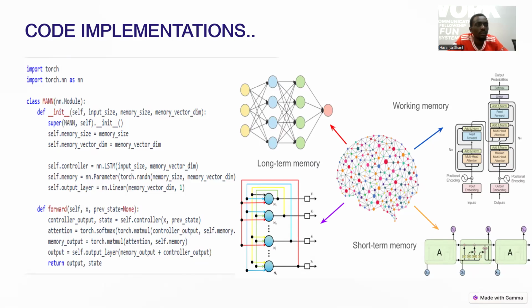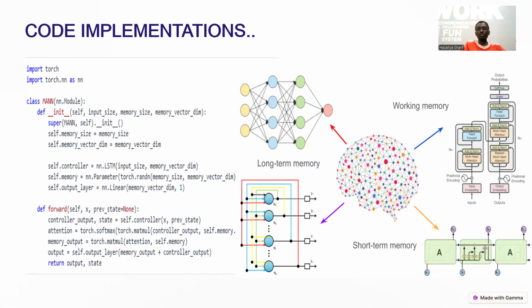Inside this class, we initiate the class with self, and we have the input size, memory size, and memory vector dimensions. And then we have a forward function which has the controller output, attention, and memory output, and then we shall be returning the output and state.